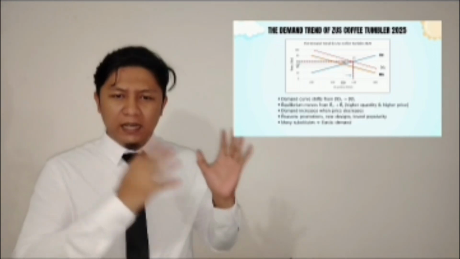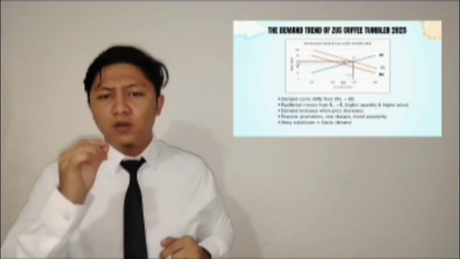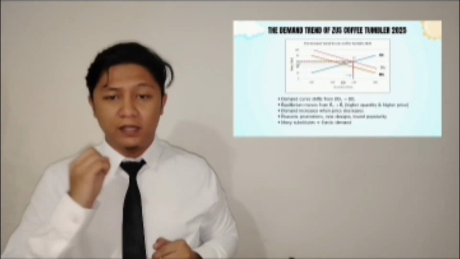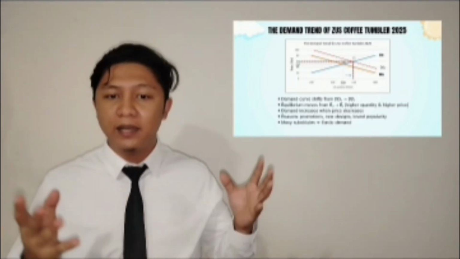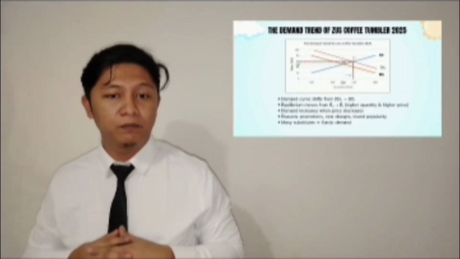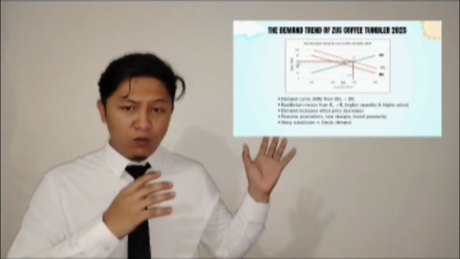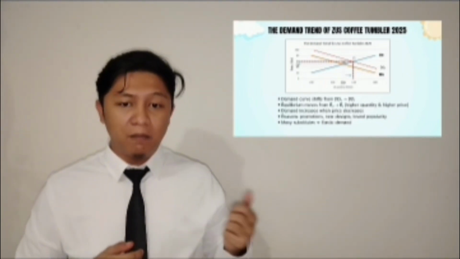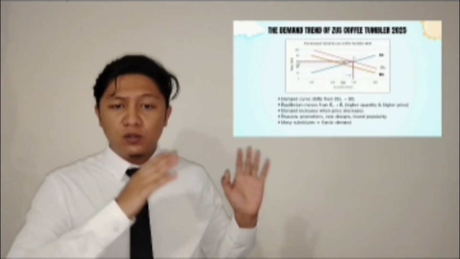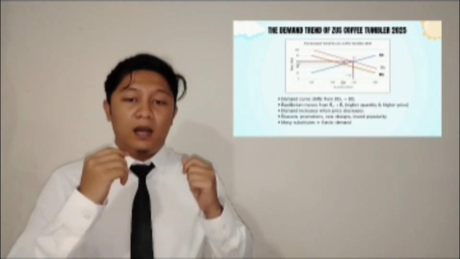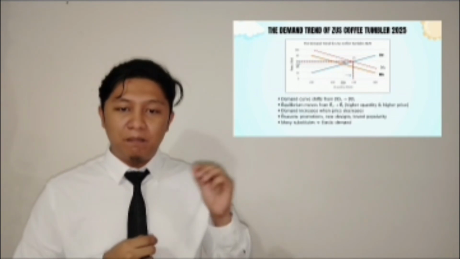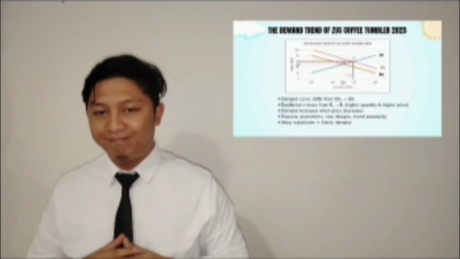The increase in demand happens because more customers are interested in the Zus Coffee Tumbler, especially due to promotion, limited edition design, and the brand's growing popularity. Since there are many substitutes like Starbucks and Tealive tumblers, the demand for the Zus Coffee Tumbler is elastic, meaning a small change in price causes a big change in quantity demanded.